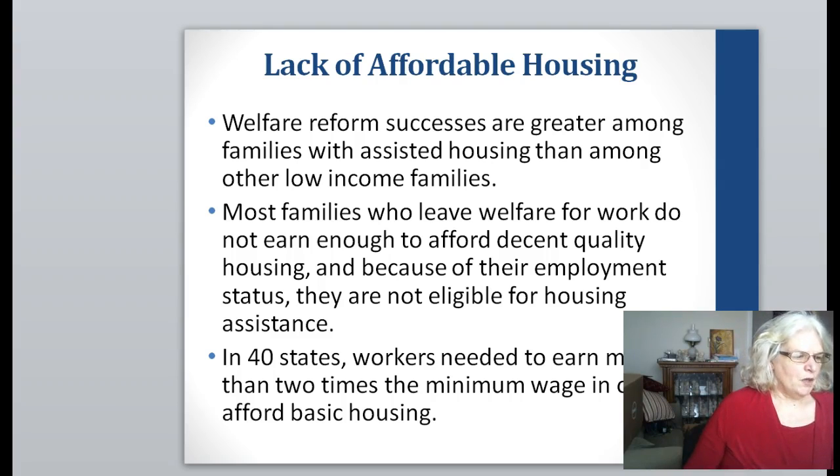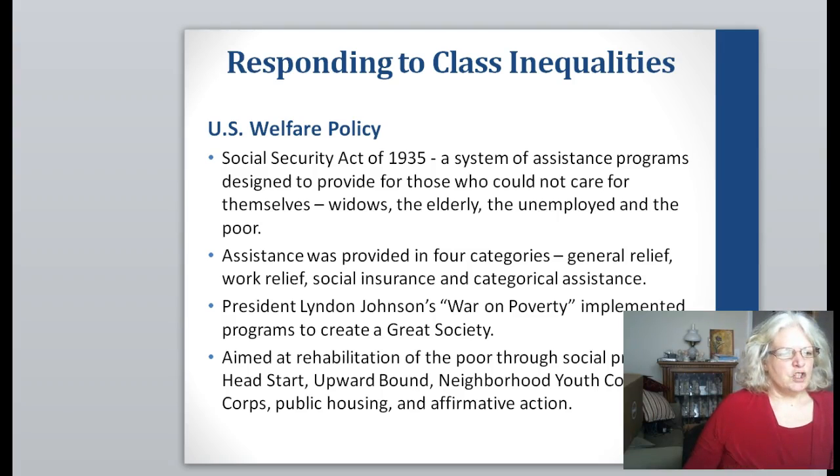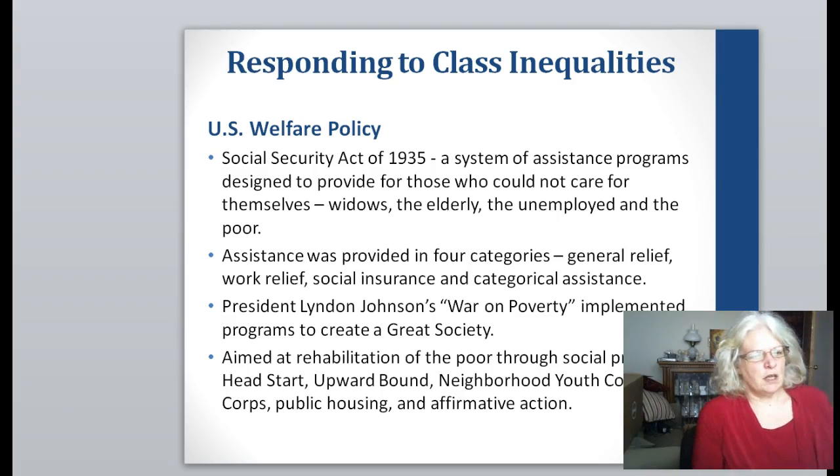Pretty strong. U.S. welfare policies have changed a lot, but they started in 1935 with the Social Security Act, and by the 1950s we were supporting people with disabilities and other families. By the 1960s, we start the war on poverty.